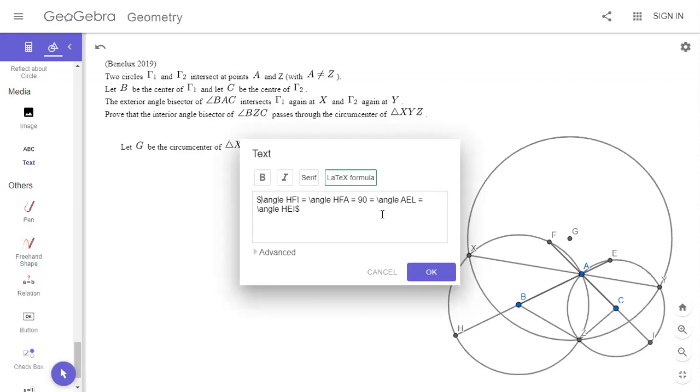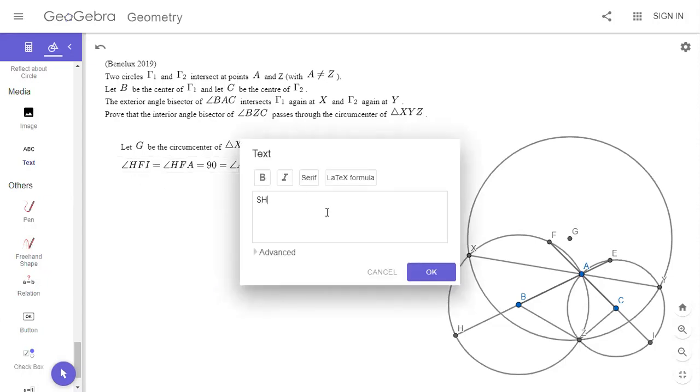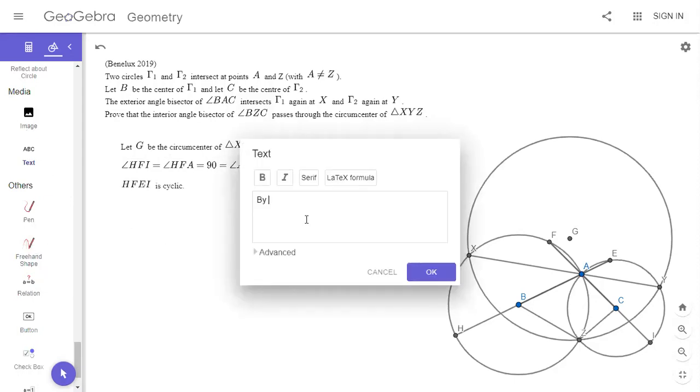Let me change this to an I. And so that means HFEI is cyclic. All right, so by power of a point, HA times AE is equal to IA times AF.